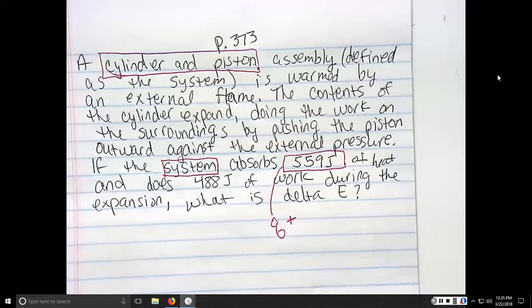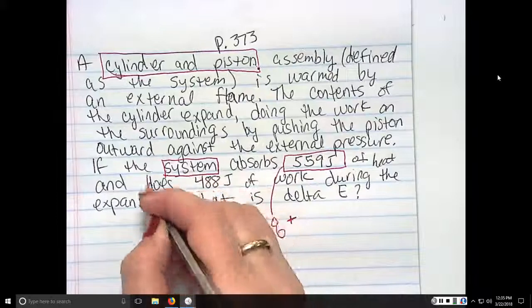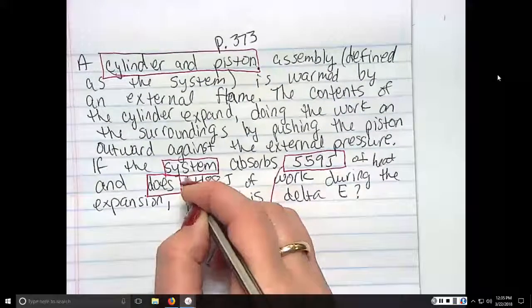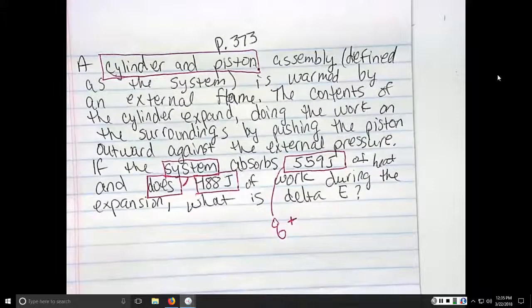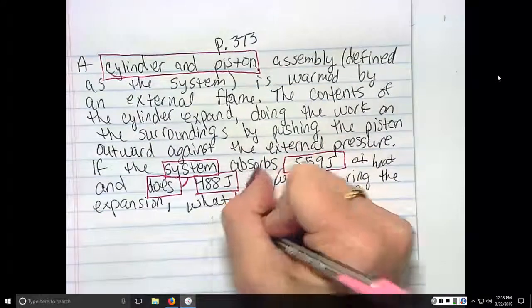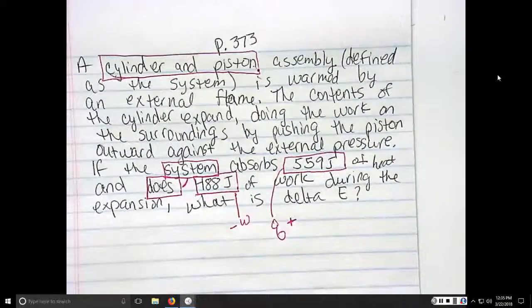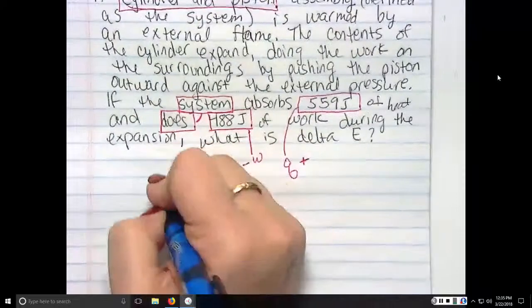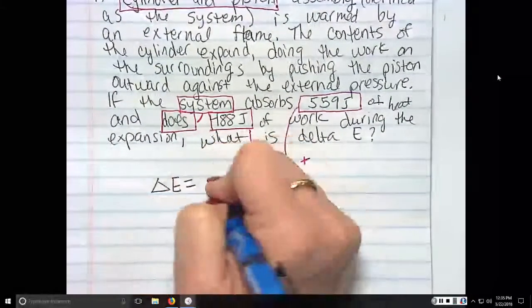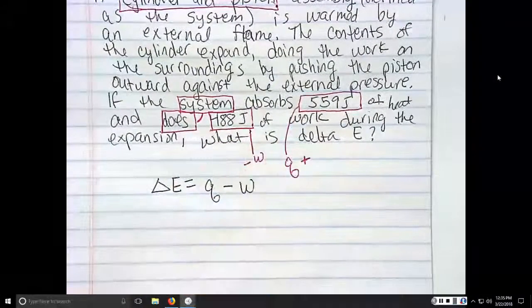Now, I kind of ignore that till I get to work. Okay. So now the system does 488 joules of work. The rule is, back to the table, if the work is done by the system, it's a negative W. Okay? So now we can ignore everything else and say delta E is equal to Q minus W. Why?